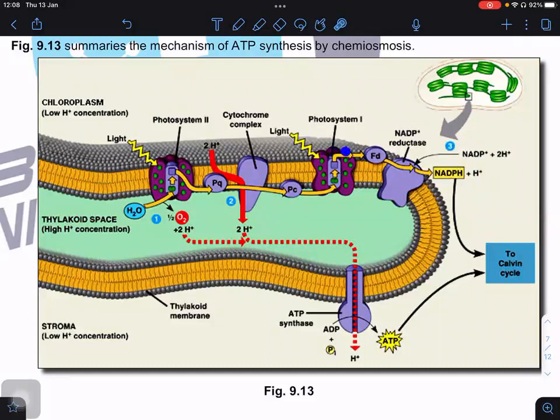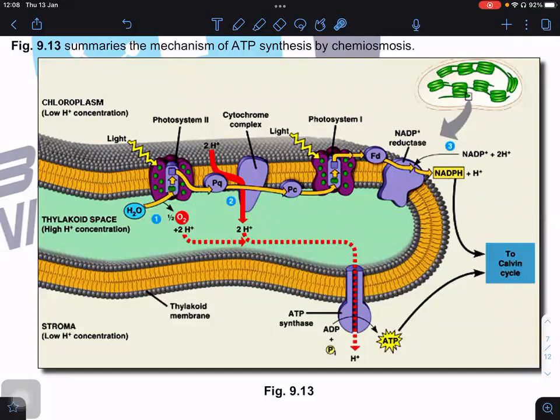Photosystem 1 now lacks electrons, so it depends on photosystem 2. The same thing happens: the light energy is absorbed by the pigments, and the accessory pigments pass the energy to the reaction center P680.